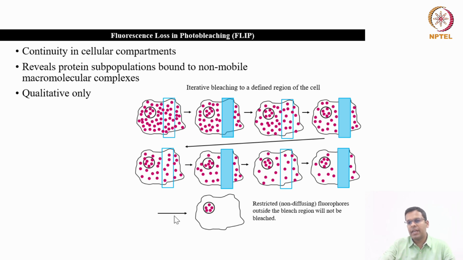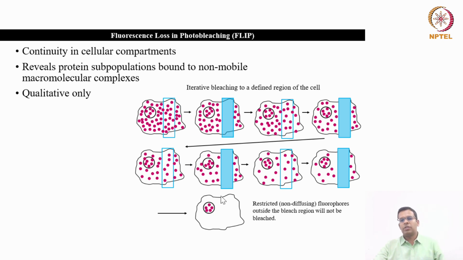Eventually, after several such cycles, you will see that the fluorescent molecules in the entire cell are bleached, but some molecules in the nucleus remain fluorescent. This indicates that these molecules in the nucleus are not exchanging with the cytoplasm, so when you bleach the molecules in the cytoplasm, these molecules still remain fluorescent.